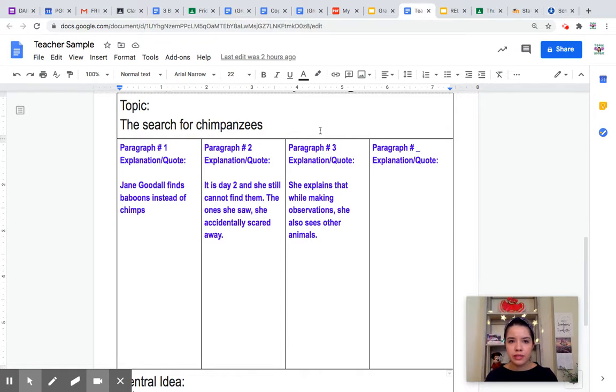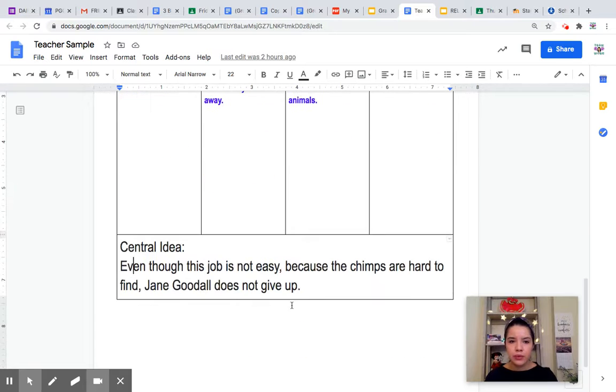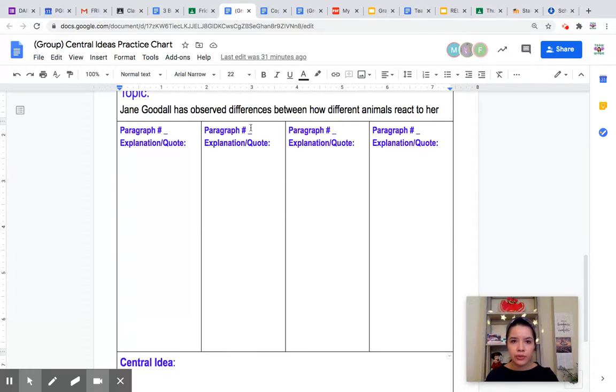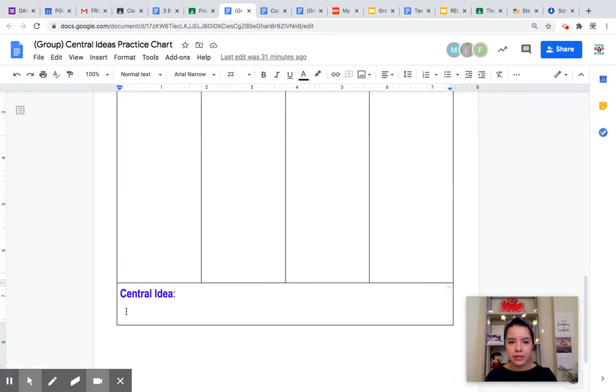So for this one, it was a different topic, proof that she was looking for chimpanzees. We said that even though this job is not easy, because the chimps are hard to find, Jane Goodall does not give up. So for yours, after you tell me examples of how chimpanzees act in different ways or other animals react to her, what does that mean? So as a team, you came up with your central idea.